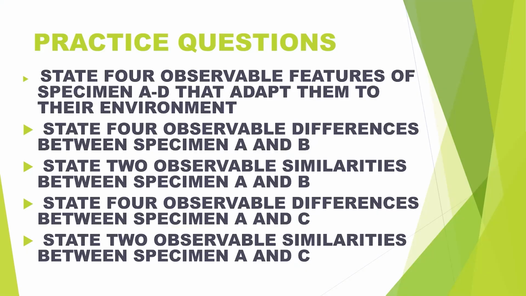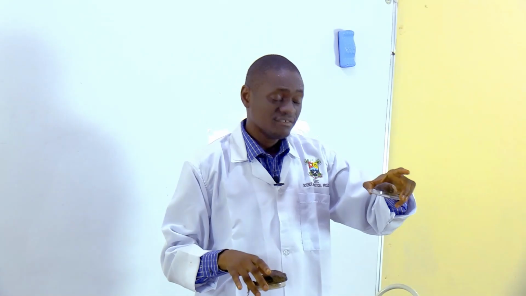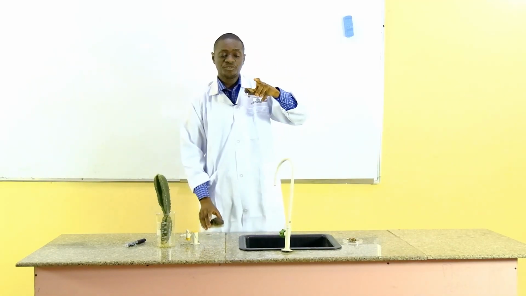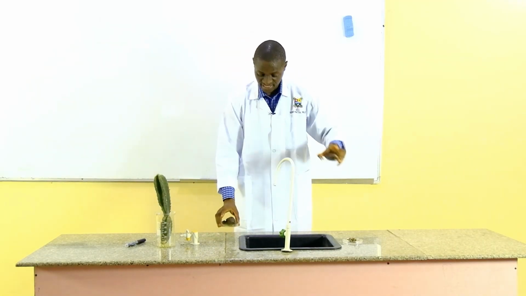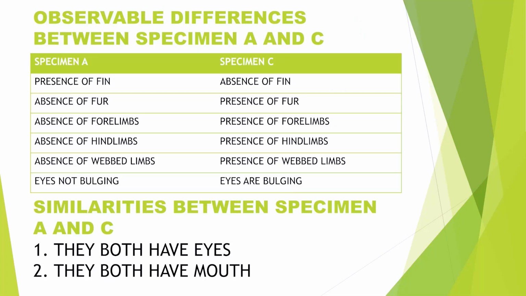Now, let's go to the next practice question. That one is on specimen A and C, tilapia fish and toad. What are the four observable differences between specimen A and C? Number one, in specimen A, there is presence of fin, and in the corresponding part for specimen C, there is absence of fin.